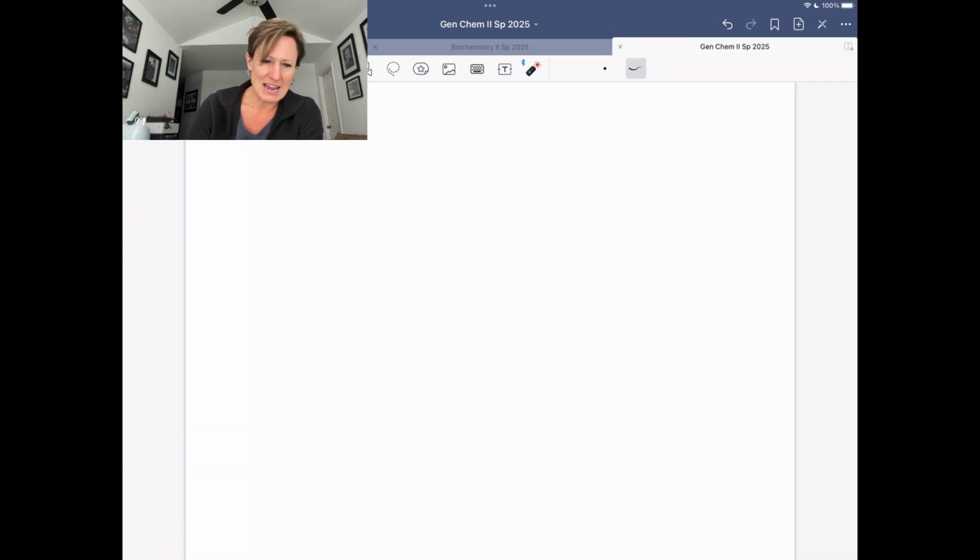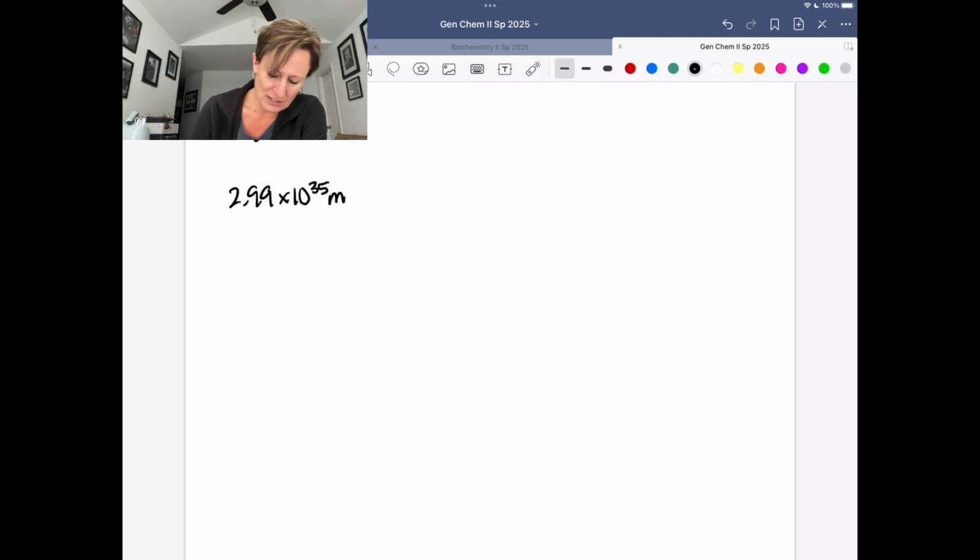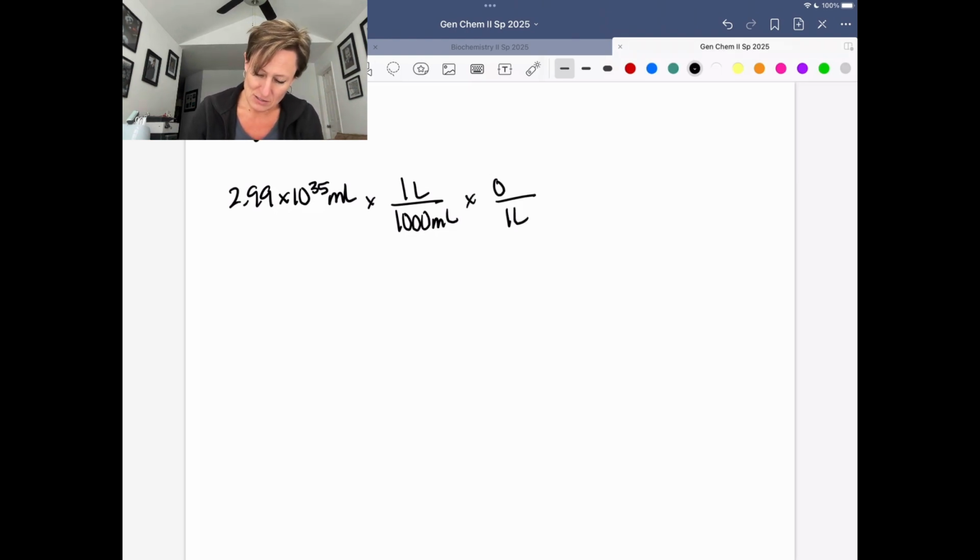Let's imagine we're going to take that 2.99. So again, this is the wrong answer, but let's convince ourselves that it's wrong. 2.99 times 10 to the 35th milliliters, right? If we thought that's the amount of water we'd have to have for 1 trillion molecules of water, I'm just going to show you some unit conversions. Here's a prefix conversion, converting milliliters to liters. And here is, again, English to metric. You wouldn't have to know this.